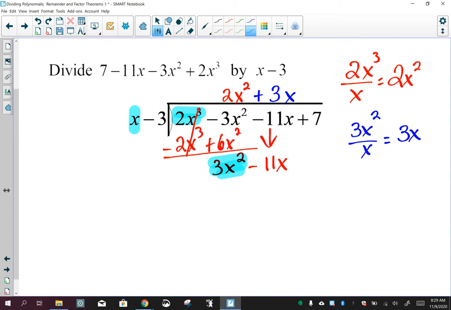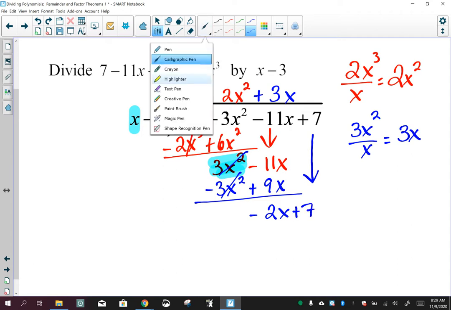So 3x times x gives me positive 3x squared, but as it comes under, it becomes negative. 3x times negative 3 gives me a negative 9x, but as it comes over, it becomes a positive 9x. If you've done everything correctly, that cancels. You're left with a negative 2x, and you drop down the next term.